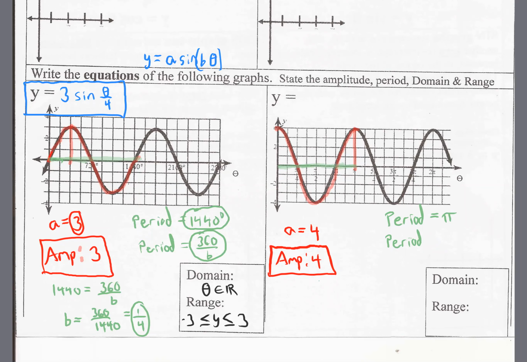So pi equals 2 pi over b. I can use the Compton trick again. I can switch the b and the pi. So b is going to be 2 pi over pi, and that just simplifies to 2.